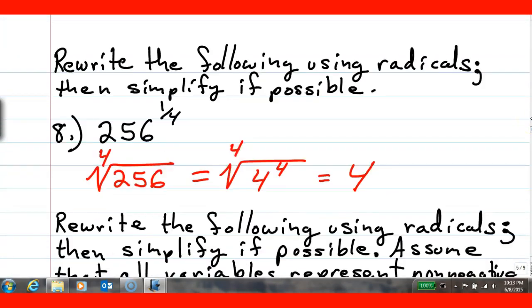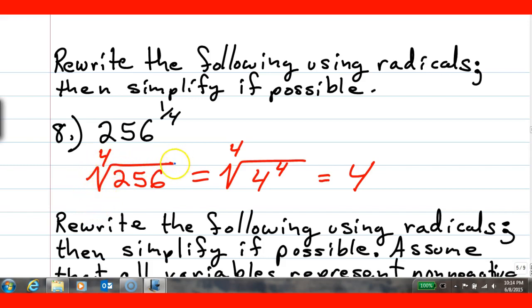Question number 8, the instructions read, rewrite the following using radicals, then simplify if possible. So looking at this, 256 raised to the 1/4. This 4 is telling me that I'm taking a 4th root.